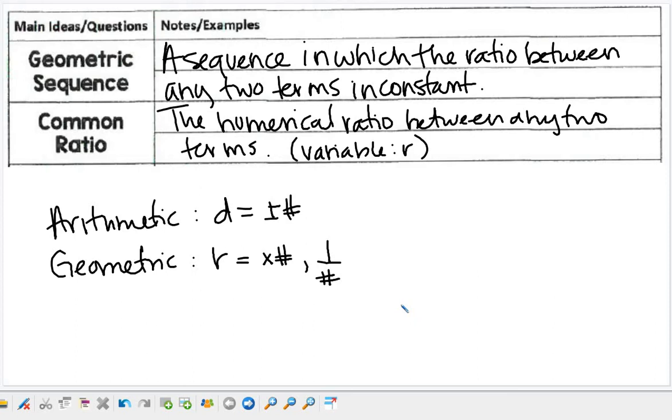That's kind of what a ratio is, right? A number over a number. But just know that if you notice it's dividing by 2, we don't write just 2, we write that we're multiplying by 1/2. So common ratio is multiplying, sort of like common difference is adding. We're just either adding a positive or we're adding a negative. Okay?